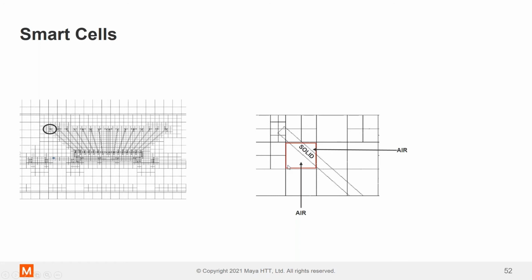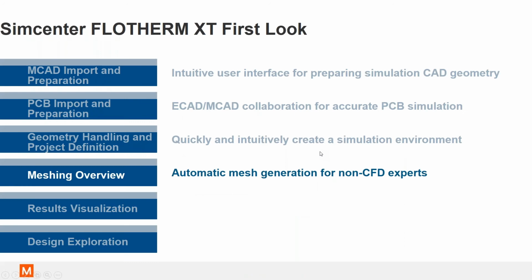And this technology makes meshing very easy and very tolerant of dirty geometry. So you don't have to resolve fluid cells and solid cells separately. Because of the smart cell technology, you can have multiple control volumes or multiple solids in the same cell itself. As we saw, the tool is definitely tolerant of dirty geometry, overlapping geometry. Smart cell technology, the planar region, takes care of the boundary layer, so you don't have to have a very fine mesh next to the boundary layer.